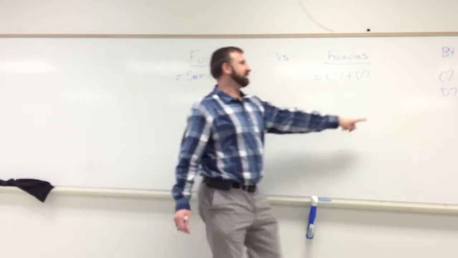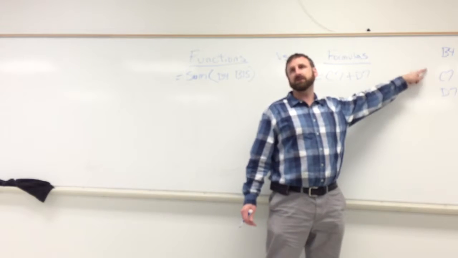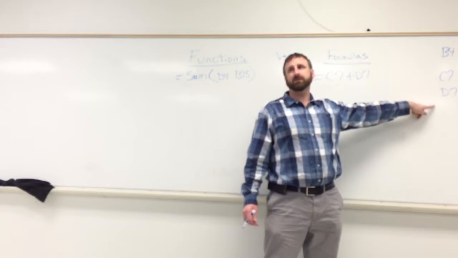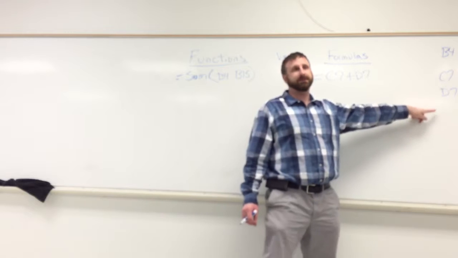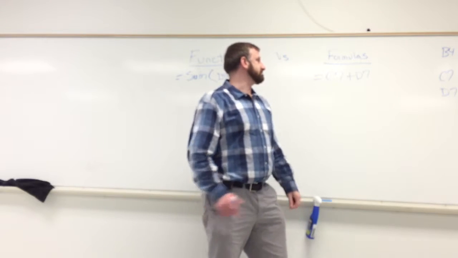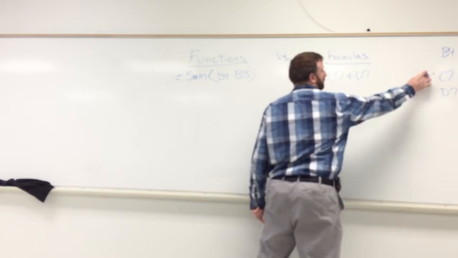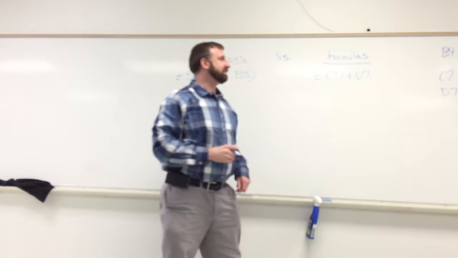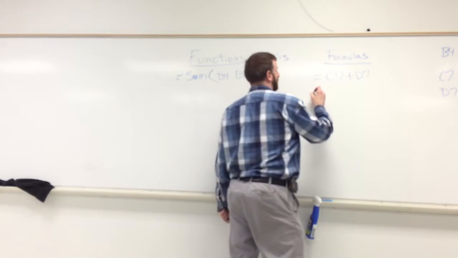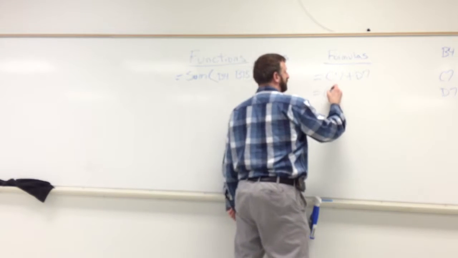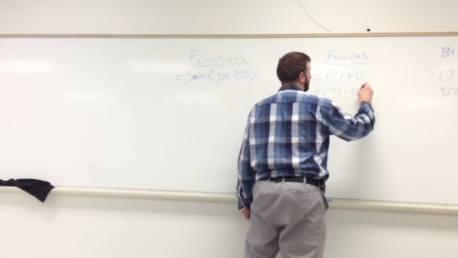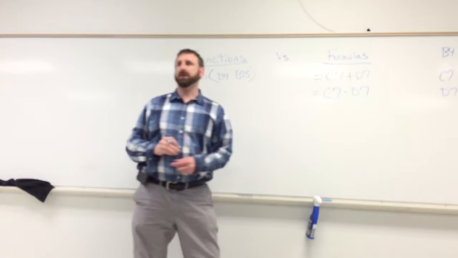What happens if I wanted to subtract these two values? What would I do? Just again, we're dealing with two relative references. So again, we start with equal, and all we do is C7 minus D7. How about multiply them?